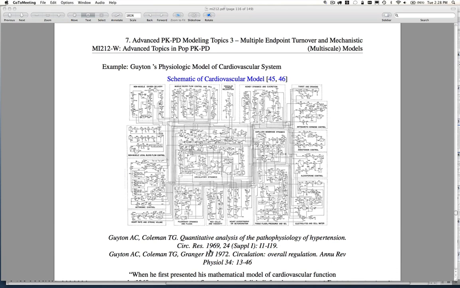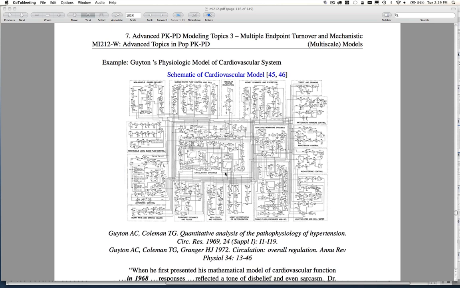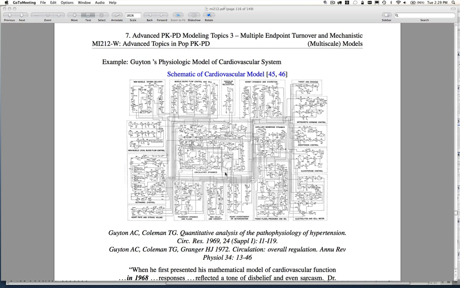If you notice the publication date, it was back in 1969. From what I've read, this was actually put together on one of the original computers where they were hooking together vacuum tubes and such. And Dr. Guyton was able to, from this, actually purport different mechanisms and different implications of renal physiology, etc., on cardiovascular disease states.